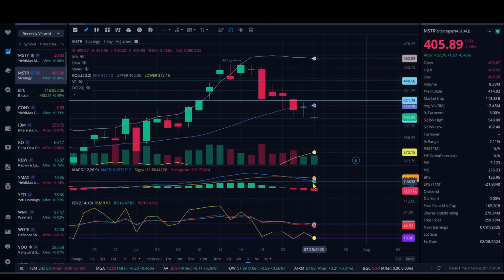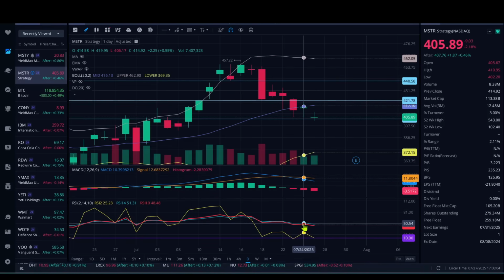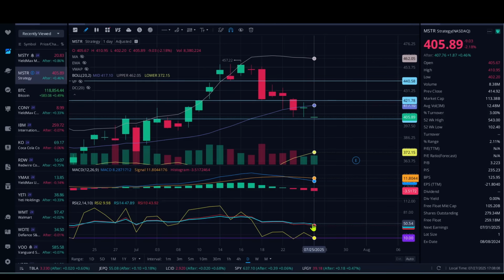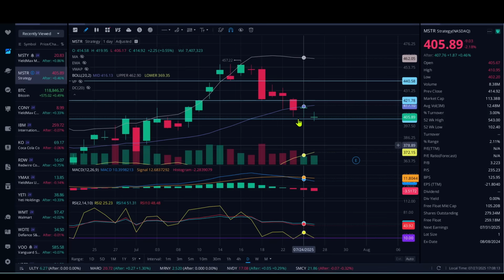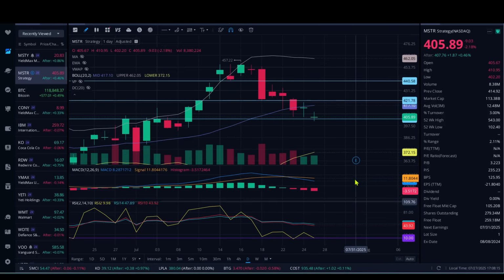It is separating a little bit more from the day before. And you can see on the RSI 14, it went from 51.3 down to 47.8. So there is some negative momentum here that's pushing this on down. So we'll see how strong this support line at 404.13 is.